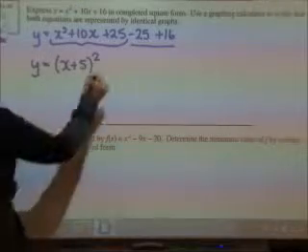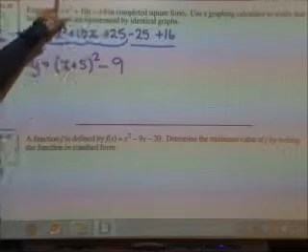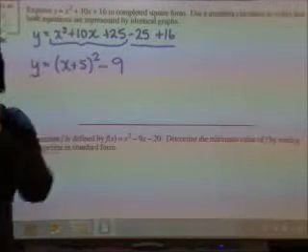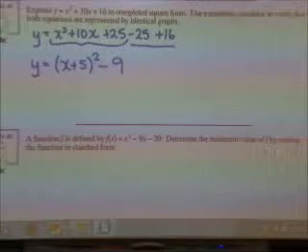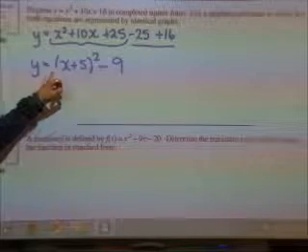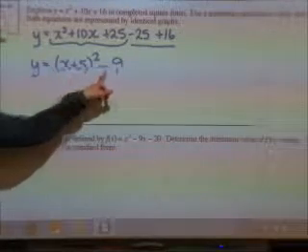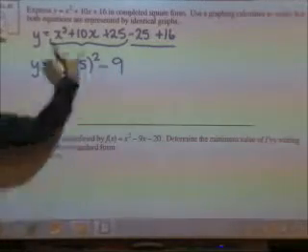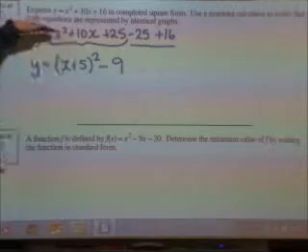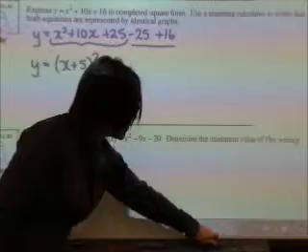Negative 9. So in this equation right here, I could tell you it opened up, and I could tell you that it was at 16 for a y-coordinate. With this equation here, I can tell you it still opens up, but now I can tell you that the vertex is at negative 5 and negative 9, which means it's going to cross the x-axis, which is another good thing to know. If you put these into your graphing calculator, you will get the exact same graph.